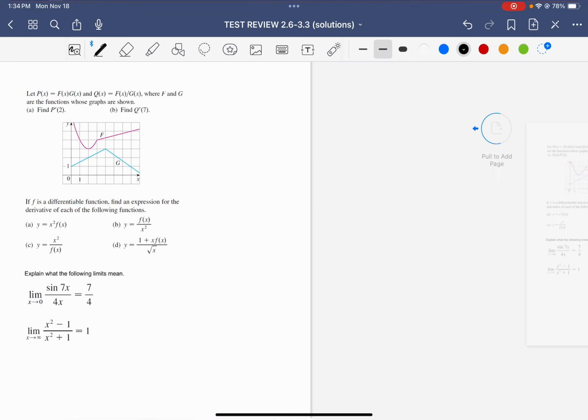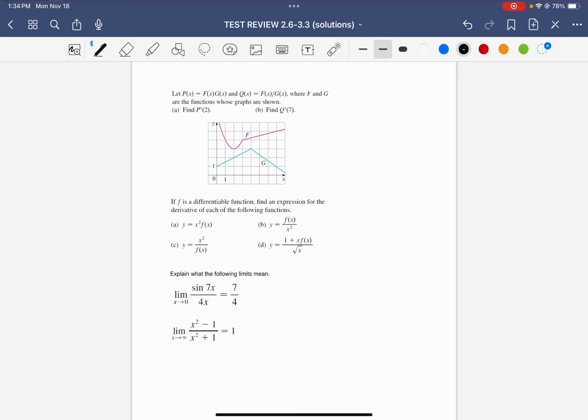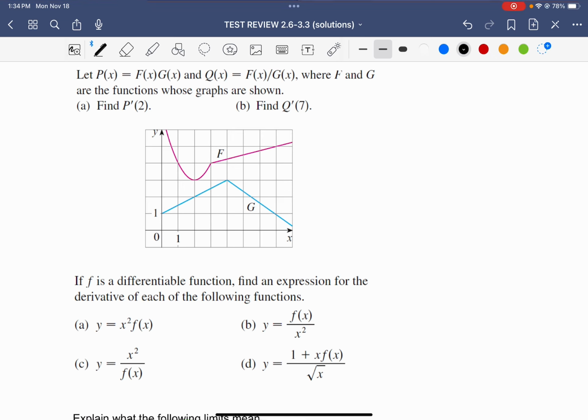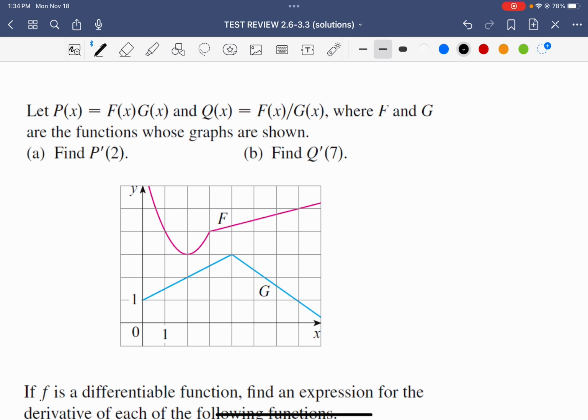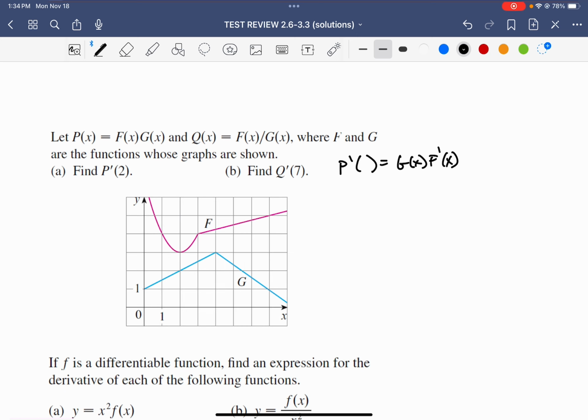So then we come over here. Okay, cool. If we're going to do part A, it wants me to find P prime at 2. That's the product rule.